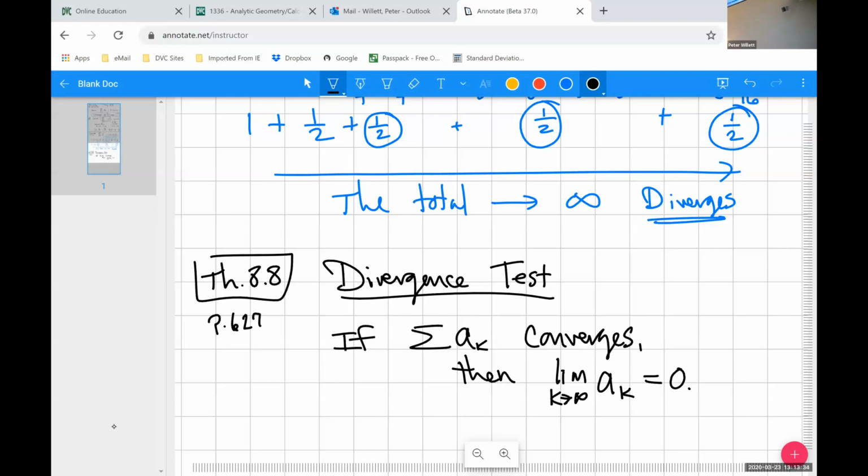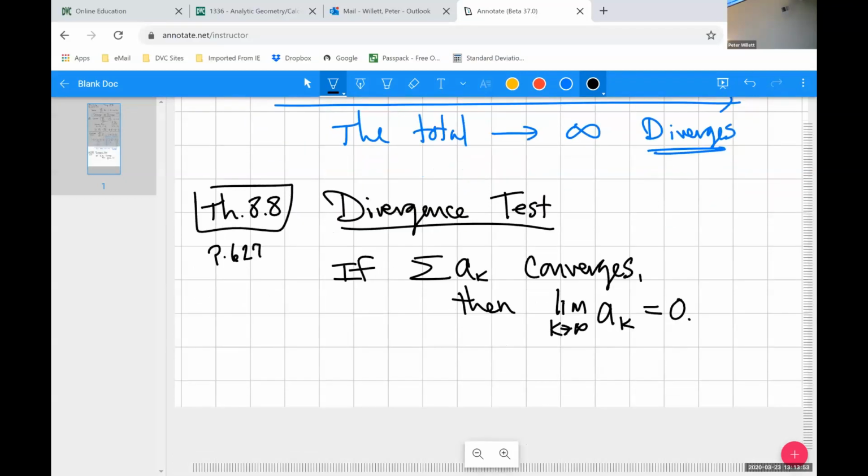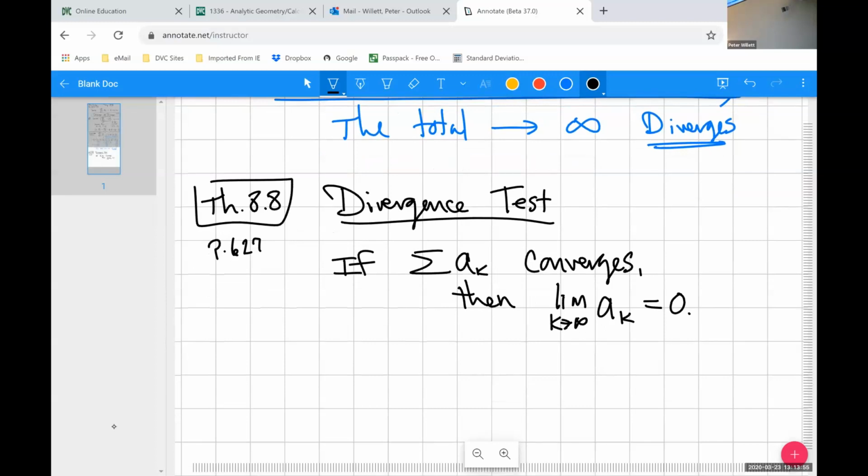So equivalently, that means that if the limit of the a sub k's is not 0, then the series must diverge. Since for every convergent series the limit of the terms must be going to 0, you can see that a series diverges if that's not the case. So this kind of makes sense, right?